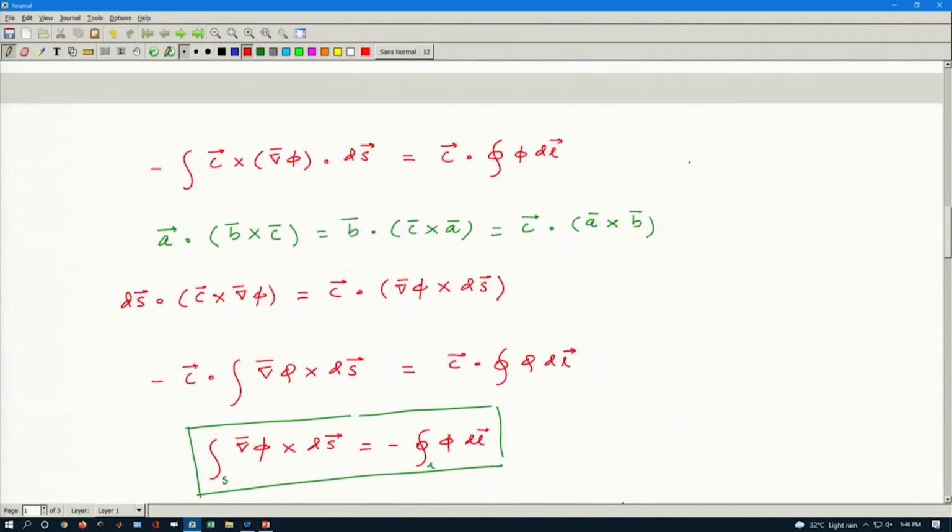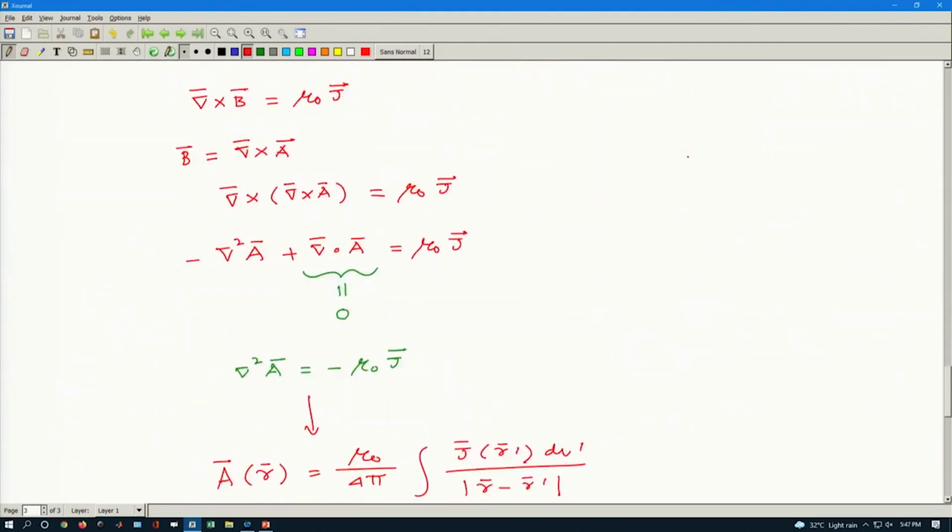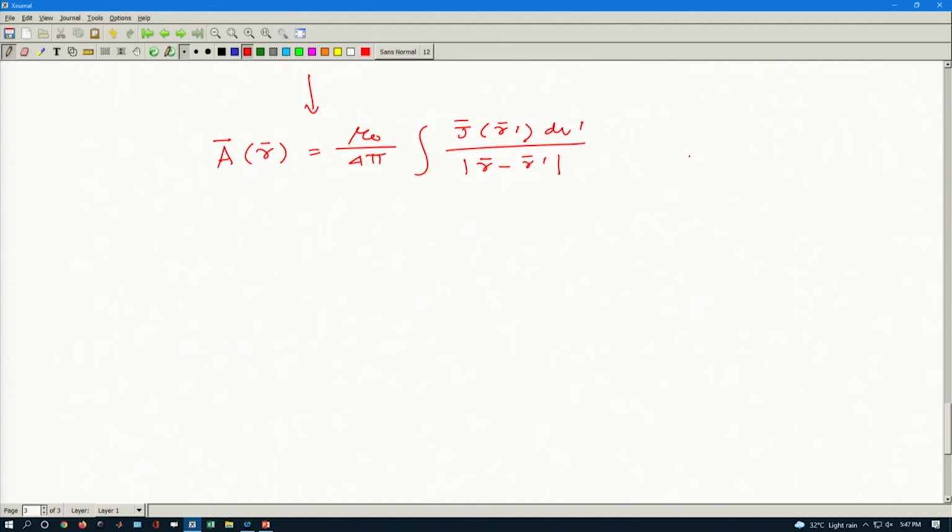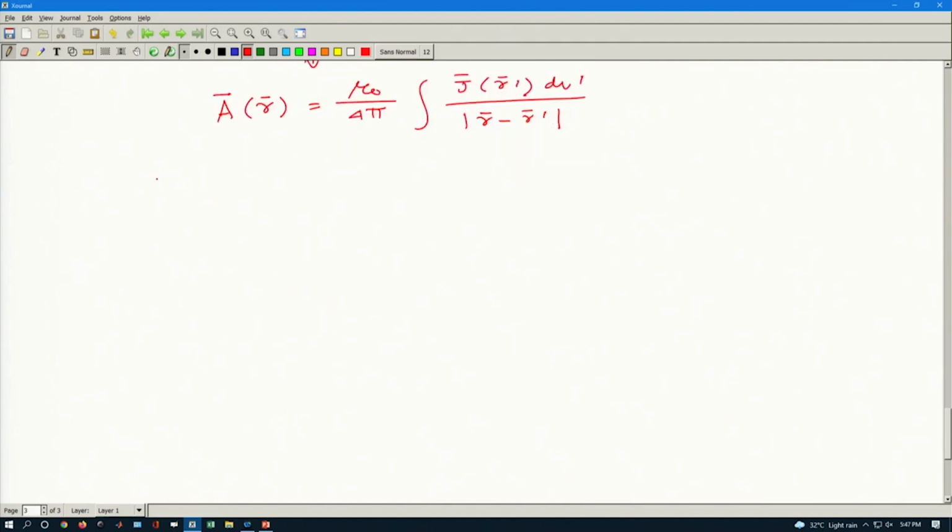But here the same expression I am writing in terms of the current density J. Now, if I expand 1 by |r minus r'|, again I have a term 1 divided by |r minus r'|, and that is simply the sum from n equals 0 to infinity of r' to the power n divided by r to the power n plus 1, times P n of cos theta.